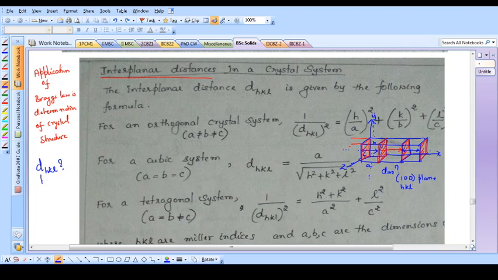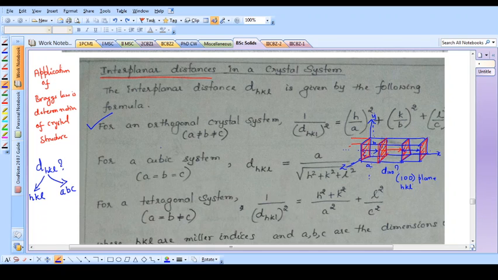It depends on the values of HKL of that plane, and it also depends on the values of cell parameters A, B and C. How? Mathematically I have given here. First, for an orthogonal crystal system. You remember in our earlier video we discussed about 7 types of crystal system.